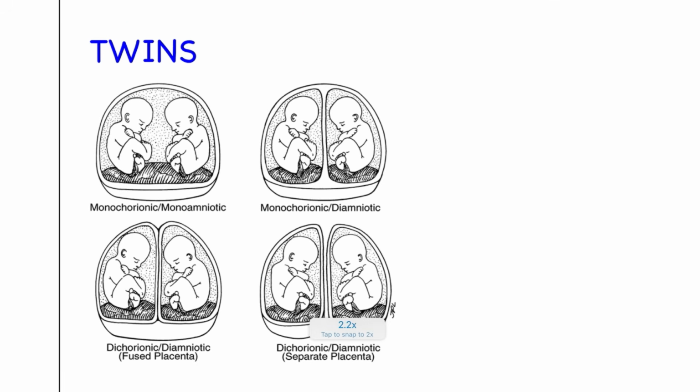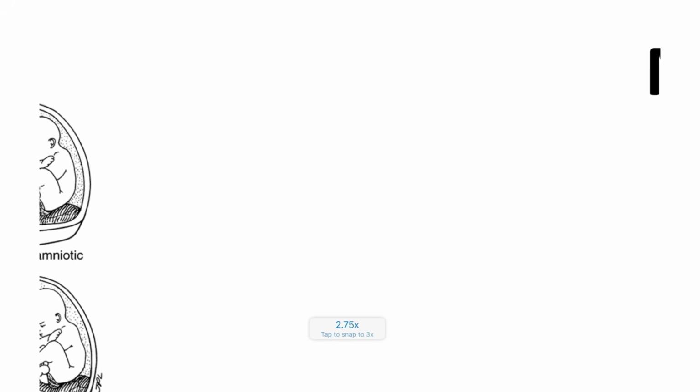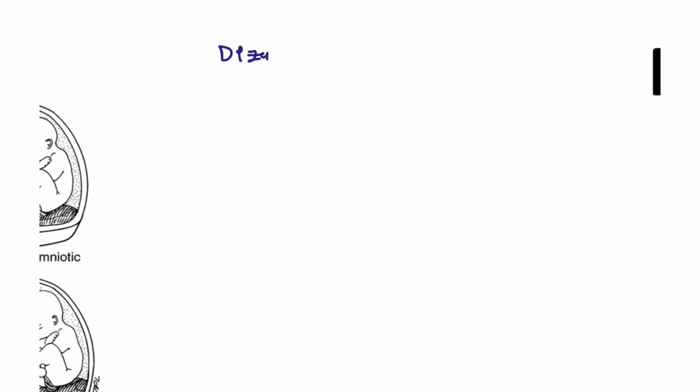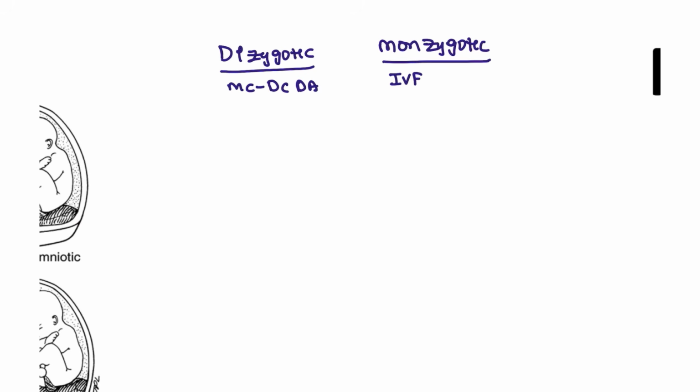Next, moving on to the twin conditions, we have the different types of twins that you can see here. Before that we have to know about dizygotic and monozygotic. Dizygotic is the most common, and it is associated with dichorionic diamniotic. Monozygotics are mostly associated with IVF patients, presenting as monochorionic diamniotic.